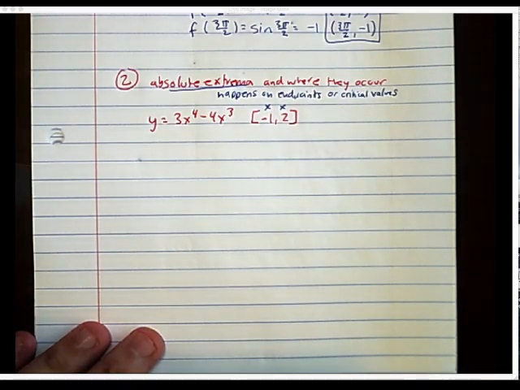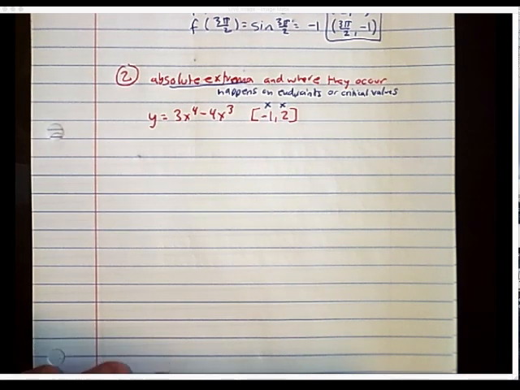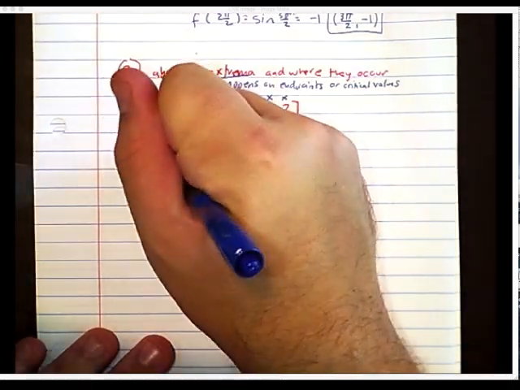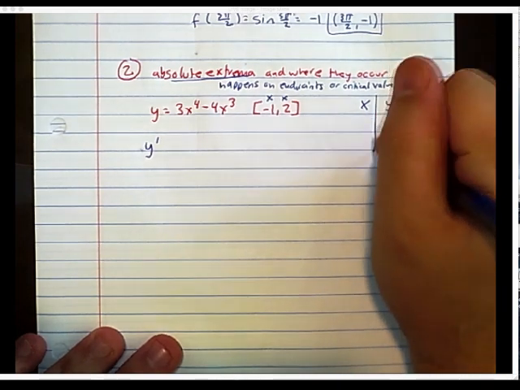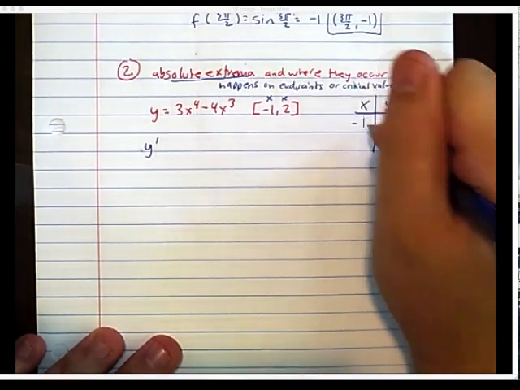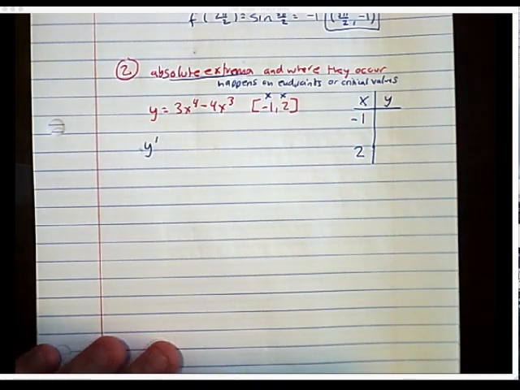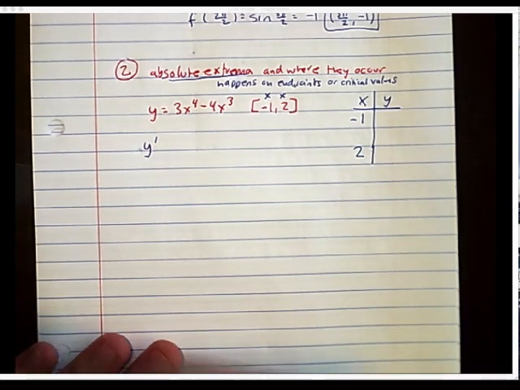You could figure out what the y value is there now, or you could do all 4 at the end, or however many critical values there are. Okay? So let's figure out where the critical values are. So in terms of what numbers I have to test, I know right away I'm going to have to test negative 1 and 2. I'm going to have to find the y values on the original function. Okay? But there might be other critical values in between.